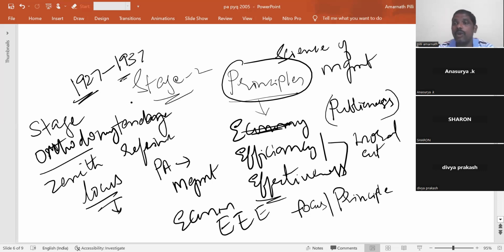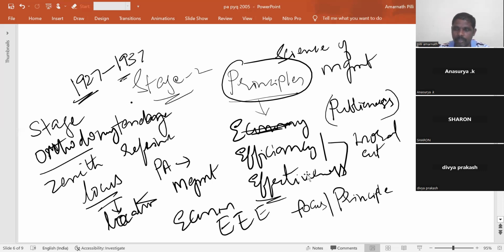Locus means the territorial location of public administration, whether public administration is within political science or outside of political science. So where was the location of public administration?